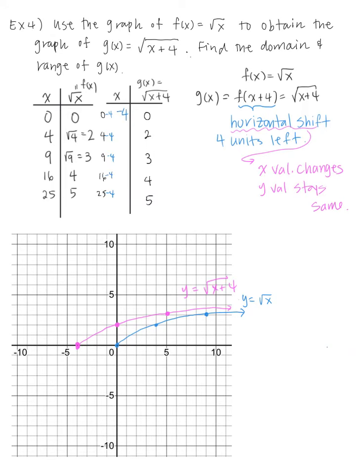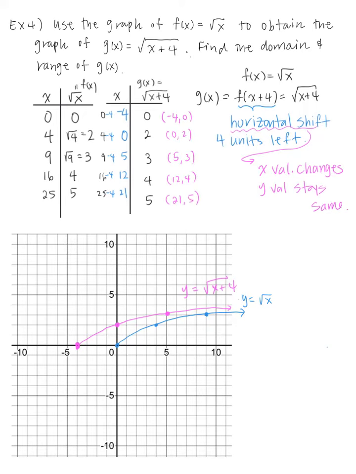So this is minus 4, 0, and then this is going to become 5. And then 12 more. And then 21. So where you need to plot the points is (-4, 0), (0, 2), (5, 3), (12, 4), (21, 5).